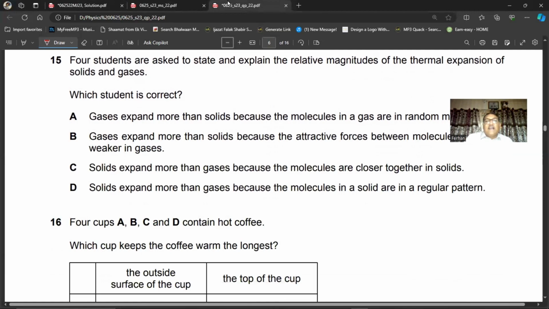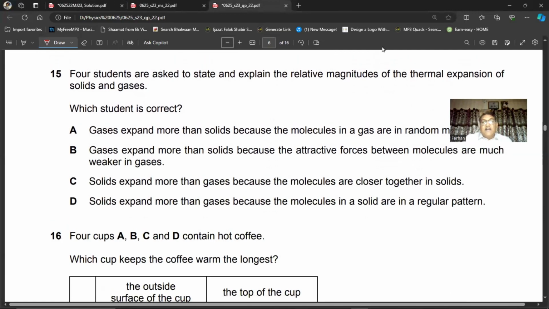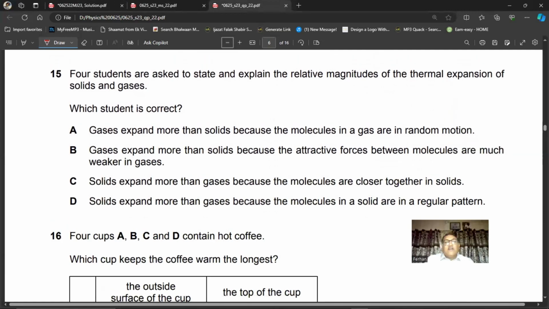Okay, so we are going to the next question. That is question number 15. In question number 15, he says, four students are asked to state and explain the relative magnitudes of the thermal expansions of solids and gases. Which student is correct?